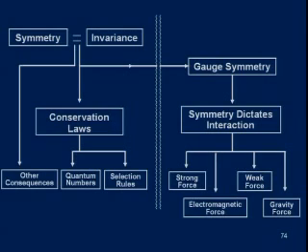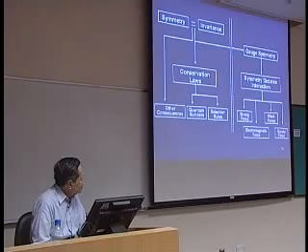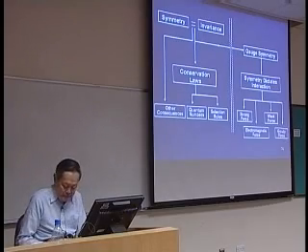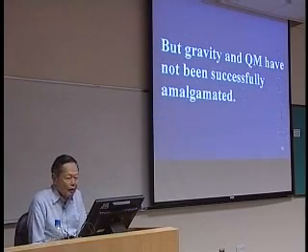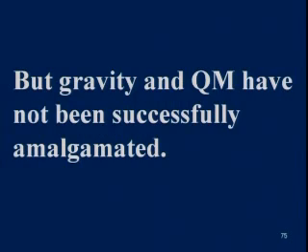And out of that, we understand the strong force, electromagnetic force, and weak force. How about gravity? But gravity and quantum mechanics have not been successfully amalgamated. I had said that the symmetry is good for renormalization.